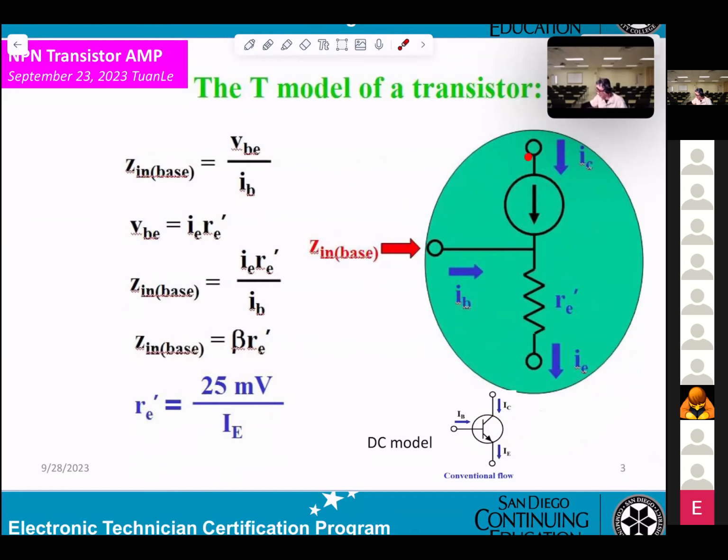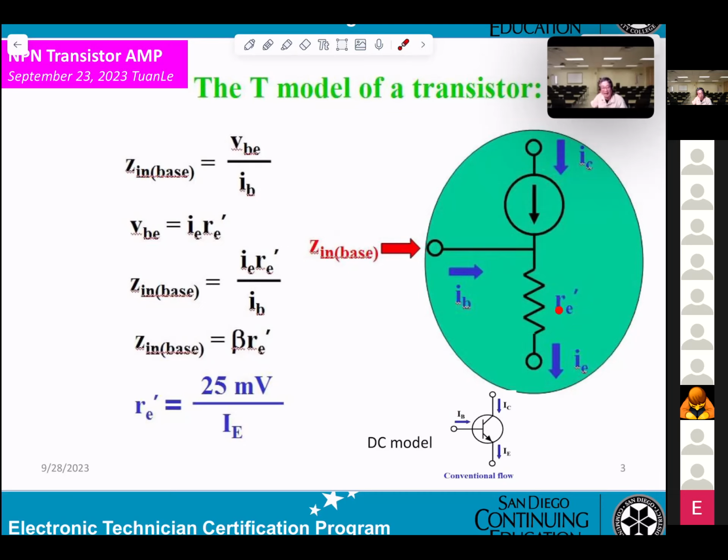That means from the collector you get a current IC coming in. At the base, you get the IB coming in. And from the base to the emitter, now they get a resistance, no longer a diode.